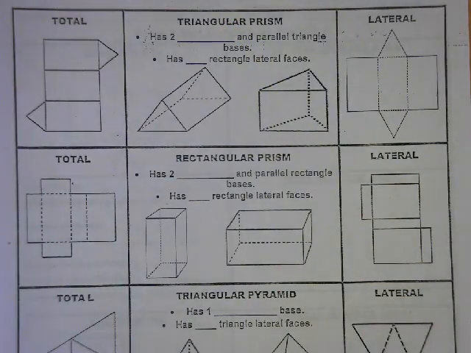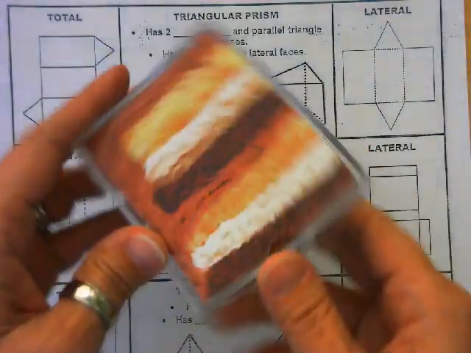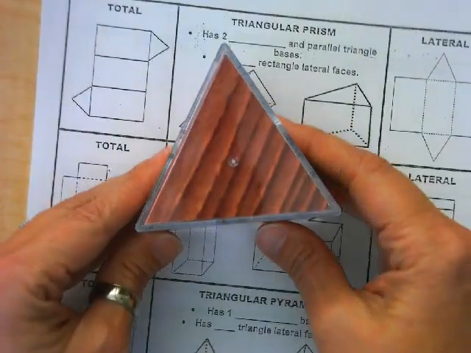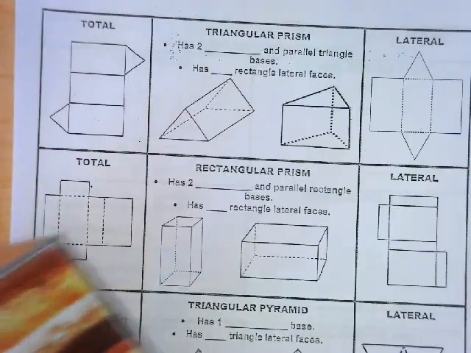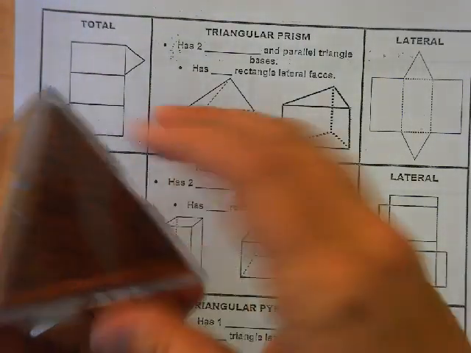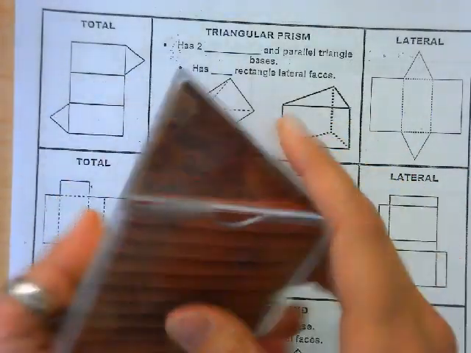So the first thing that we are going to talk about is a triangular prism. Here I have a triangular prism. It happens to be a piece of cake, right? That goes with our birthday present, right? So when we look at this, and I've got it taped right now.